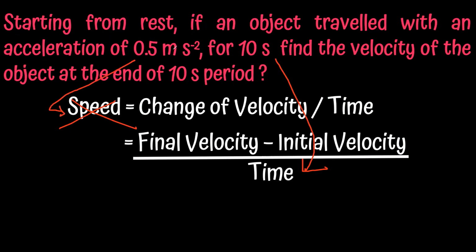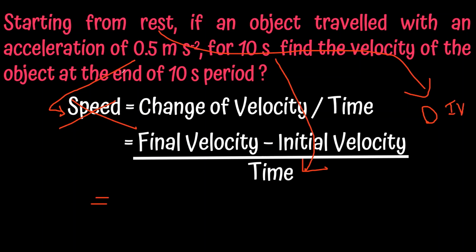Acceleration is 0.5. And we find the velocity of the object at the end of the 10-second period. The object has started from rest. Rest means 0. That means initial velocity. We need to find the final velocity.